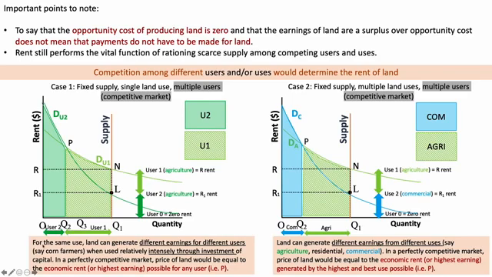Here we are saying that for the same use, land can generate different earnings for different users when used relatively intensely through investment of capital.